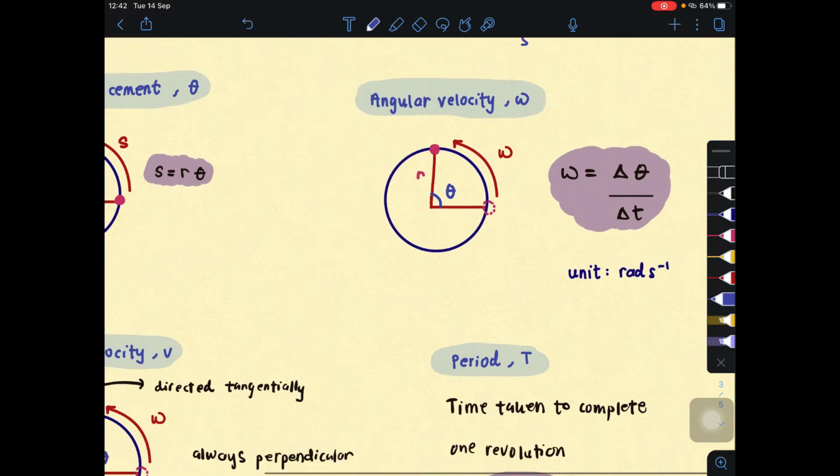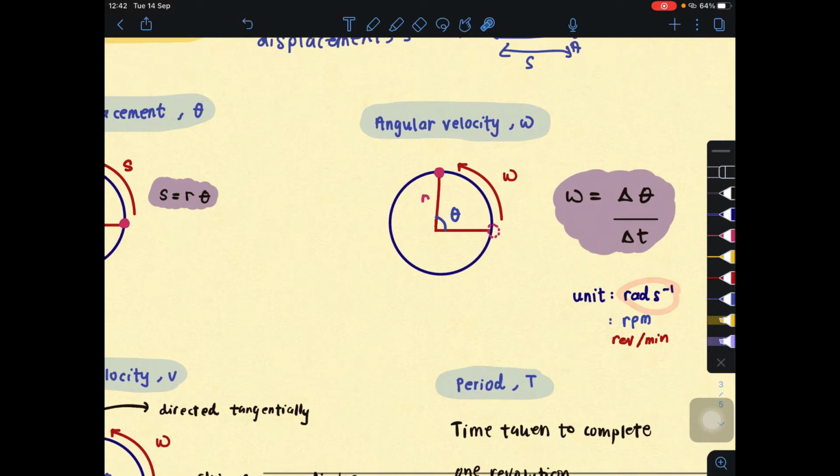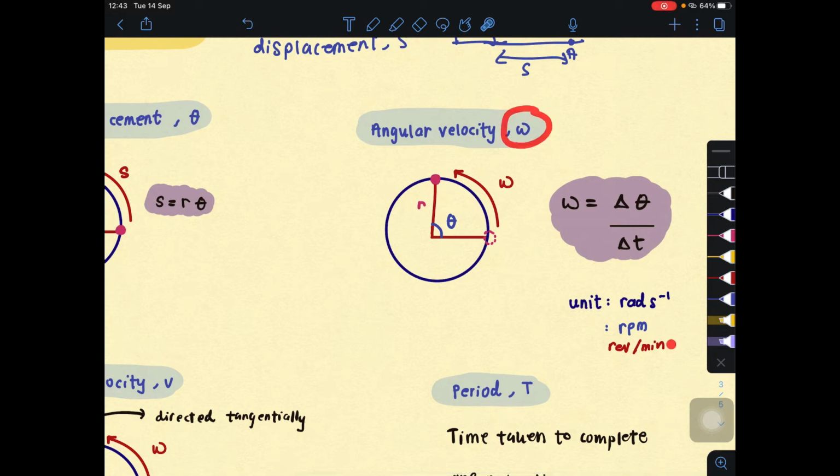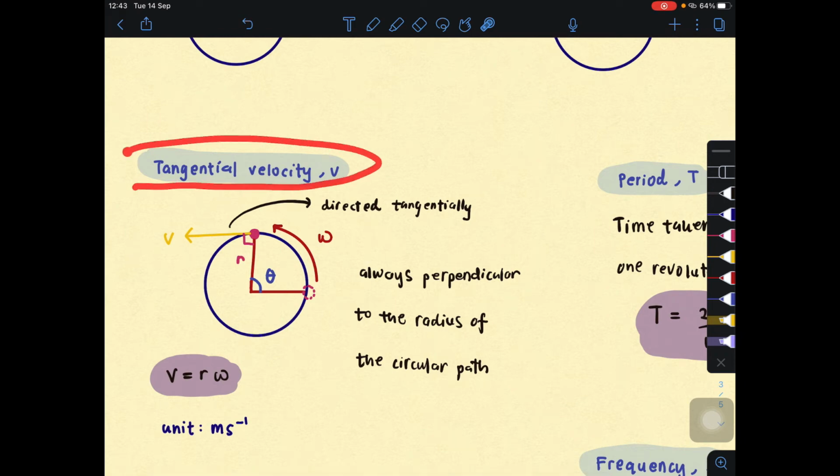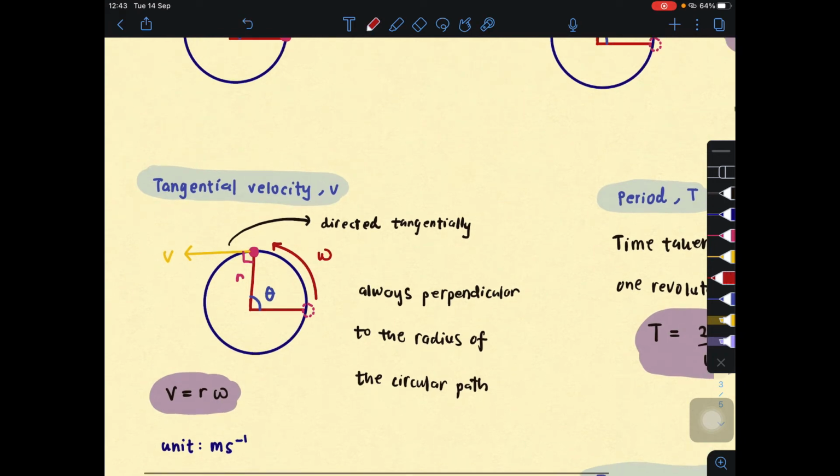Or sometimes kita gunakan RPM, revolution per minute. But this is the SI unit. Unit yang lain digunakan untuk represent the angular velocity adalah juga revolution per minute. Okay, and then next one is the tangential velocity ataupun linear velocity.